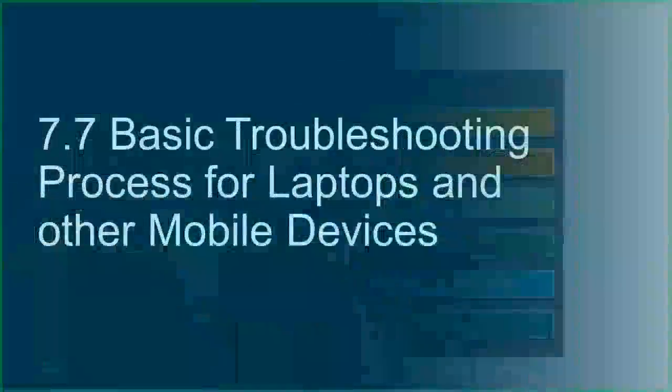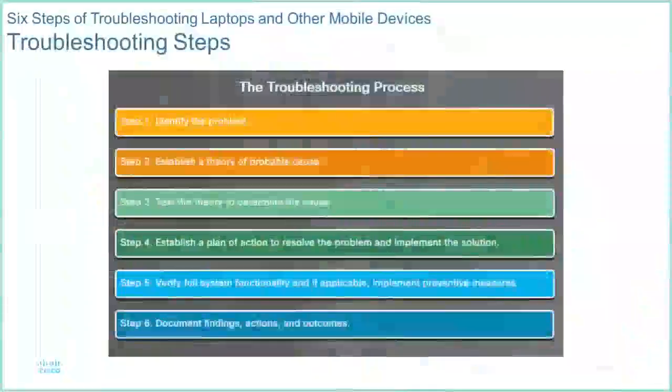So again, troubleshooting. Just about every chapter of this course we have the troubleshooting steps. So I'll just remind you of the troubleshooting process. Establish the problem. Think of a theory that coincides with the symptoms.